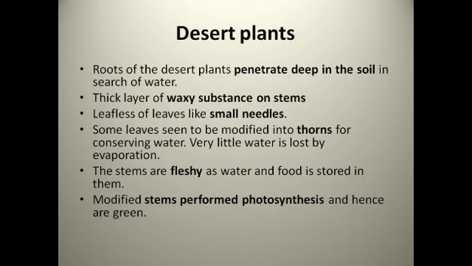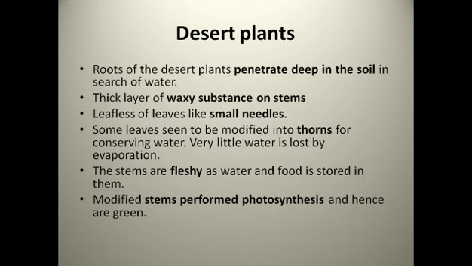Thick layer of waxy substances on stems. What is that thick layer of waxy substances on stems? If there is a waxy substance on the stems, there will be less loss of water. For example, if the stems are moist all the time, then water vapor occurs through the sunlight.